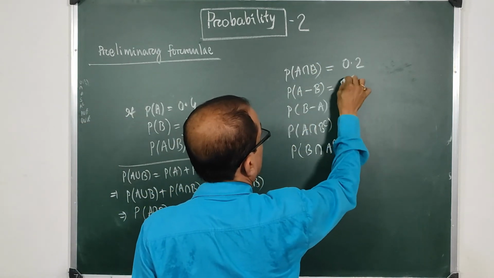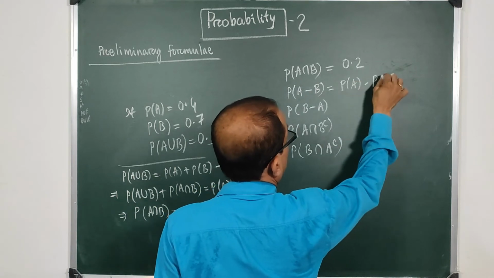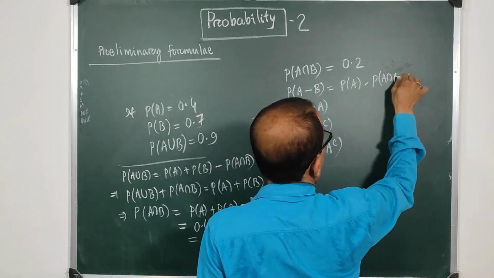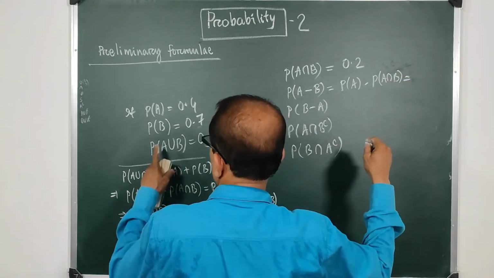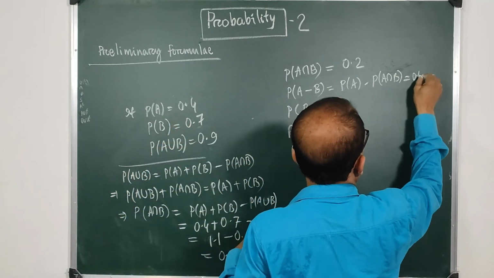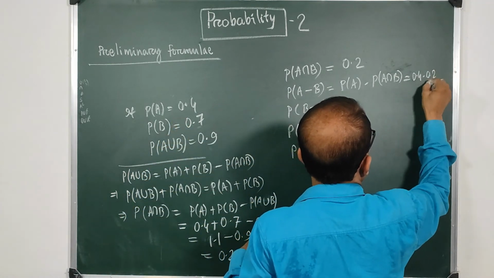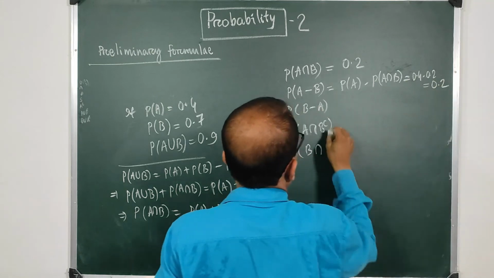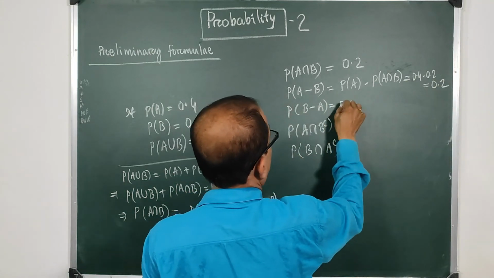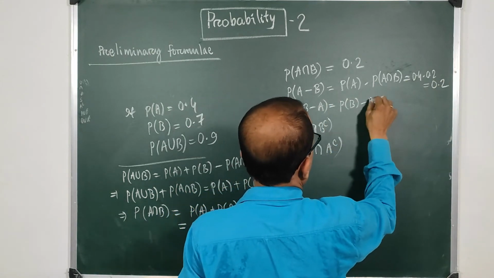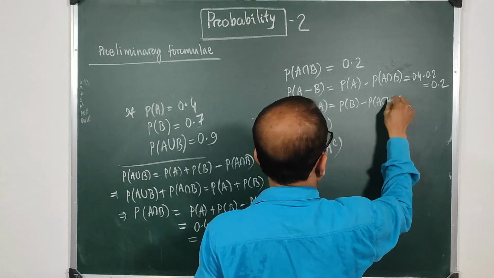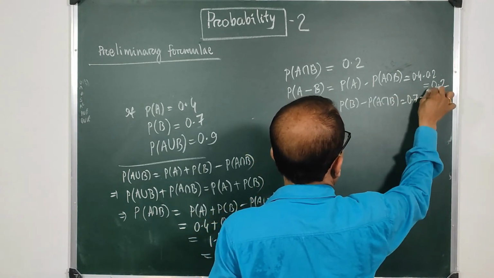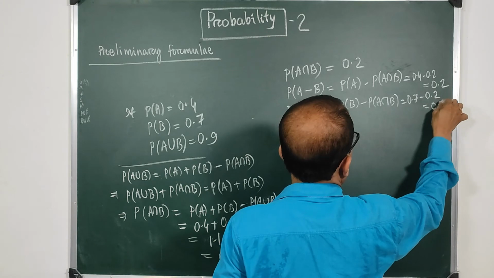Now this much is P of A minus P of A intersection B. So P of A is 0.4 minus 0.2, answer is 0.2. This much will be P of B minus P of A intersection B. So this is 0.7 minus 0.2, so 0.5.